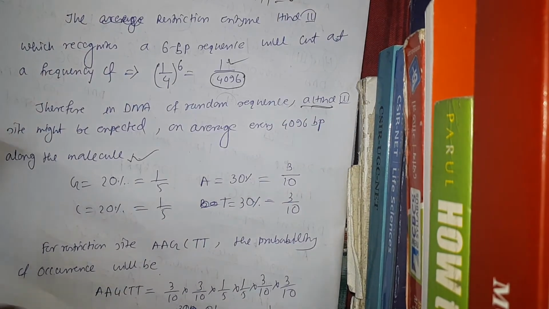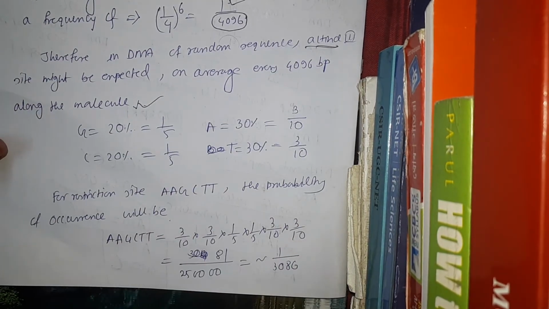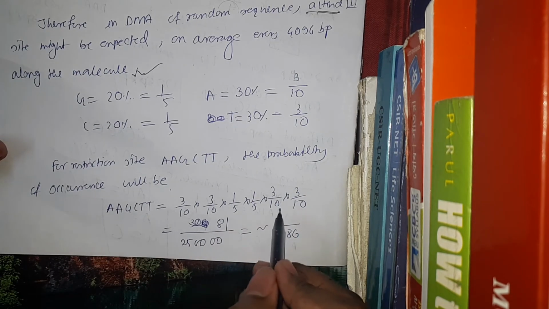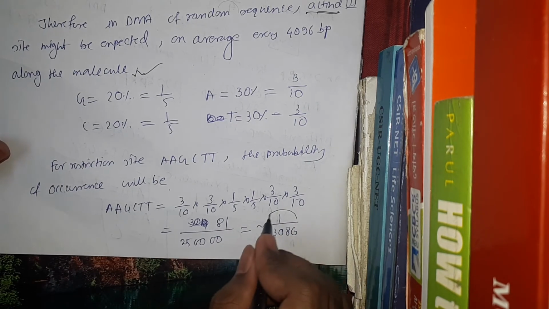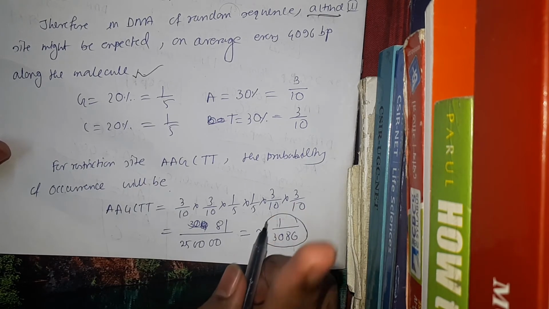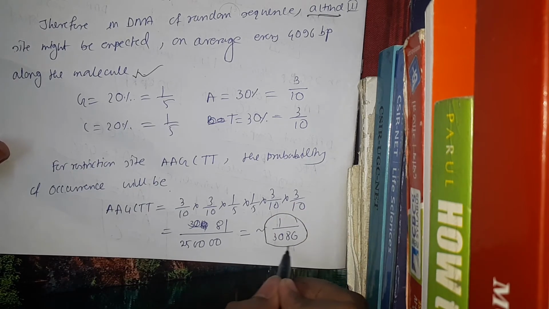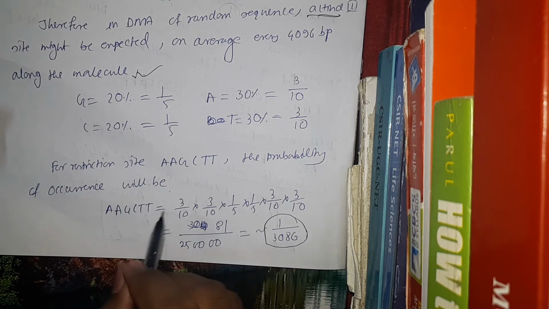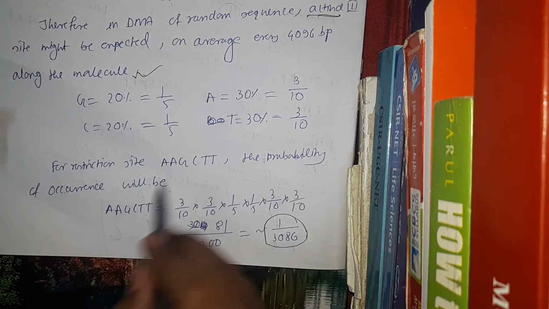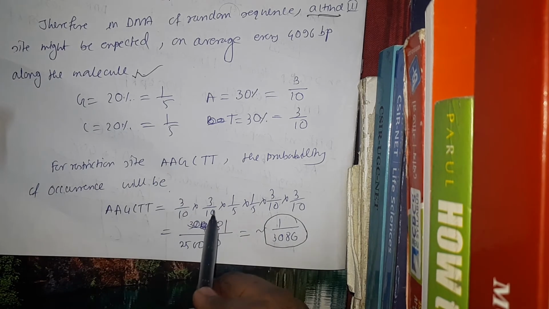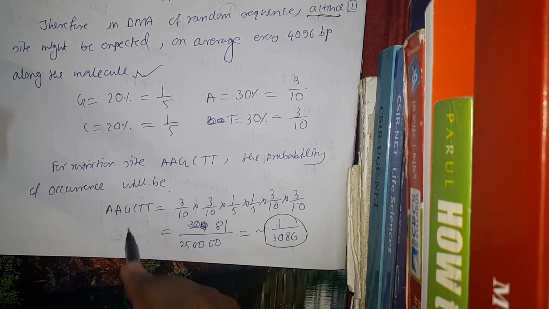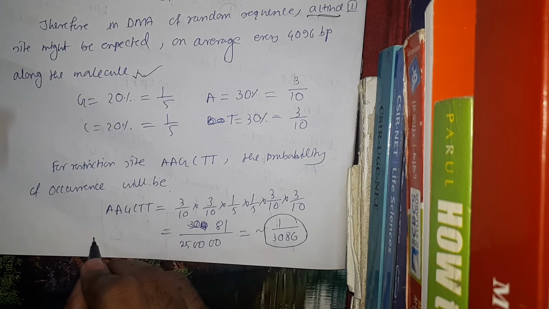Then for the restriction site, the probability of occurrence will be, we again multiply them. That means there will be one restriction site for every 3086 base pairs along the molecule. That is, for A 3 by 10, A 3 by 10 again, G 1 by 5, C 1 by 5, T 3 by 10, T 3 by 10. So we will have our answer.